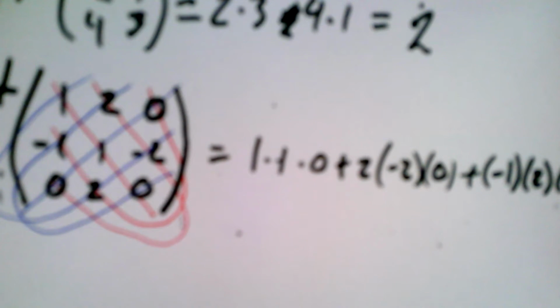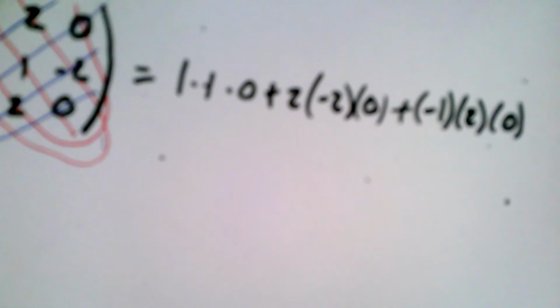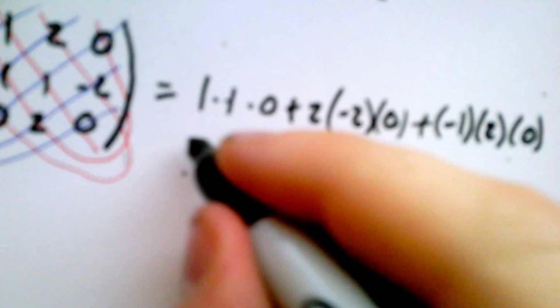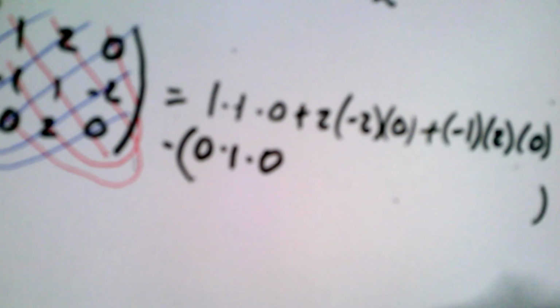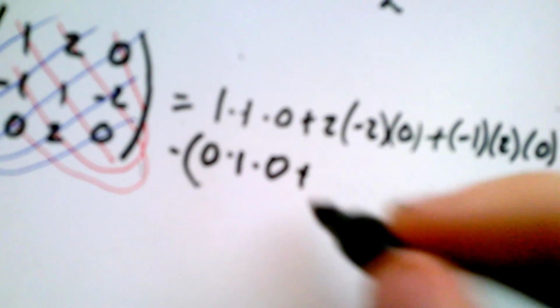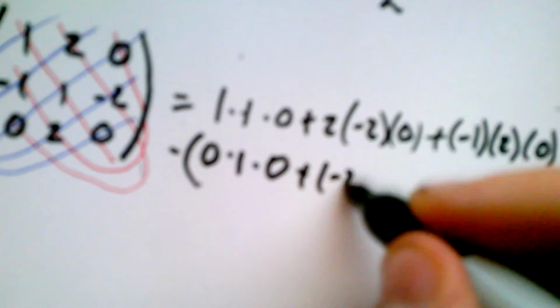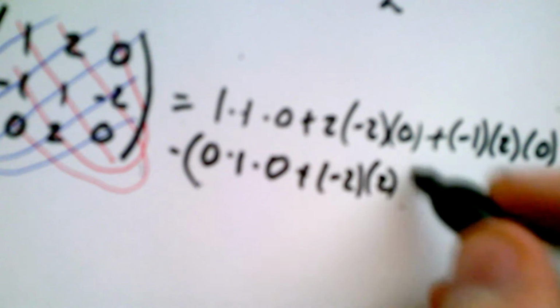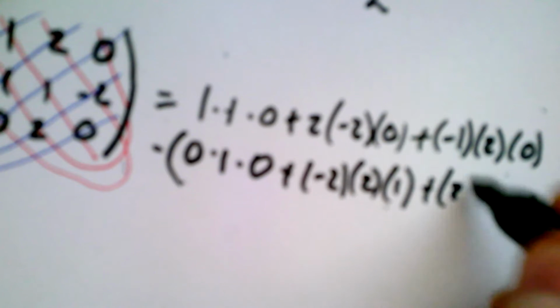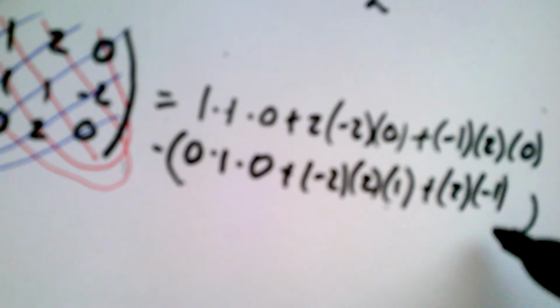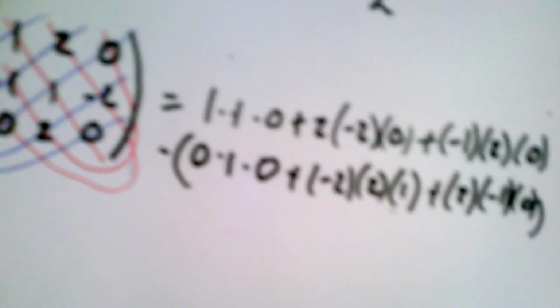Those are what we're going to call our negative diagonals. So they are 0 times 1 times 0, and all of these will be negative. So plus negative 2 times 2 times 1 plus 2 times negative 1 times 0.